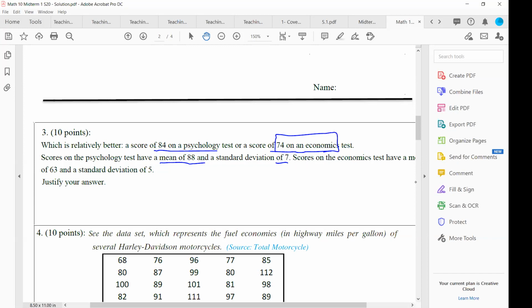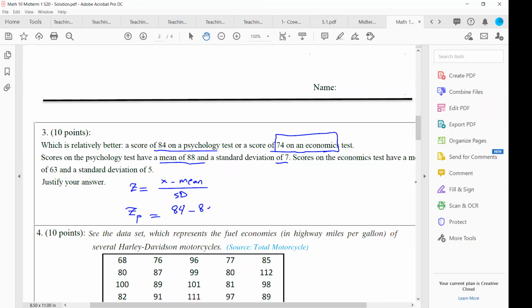First of all, the z-value, the measure of position, is x minus mean divided by standard deviation. So let us write z of p representing the z-score of psychology. Your x value, which is your test score, is 84.